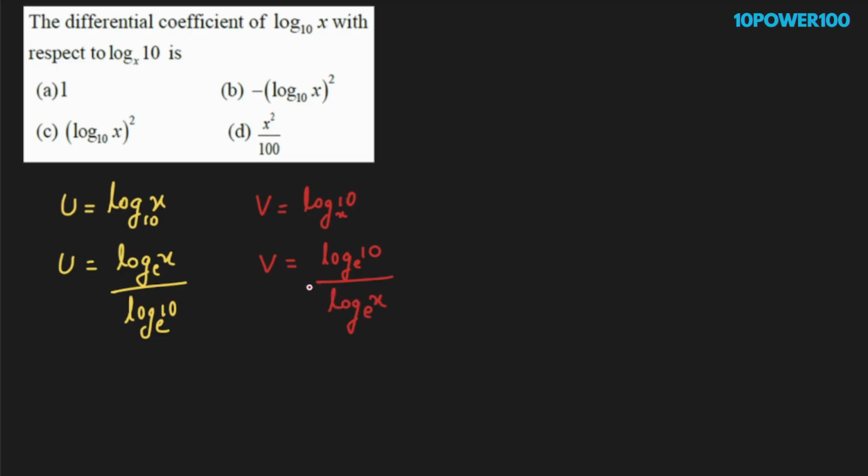So this is the base change property. Now it is ready to differentiate. u is equal to log x by log 10, the base e.